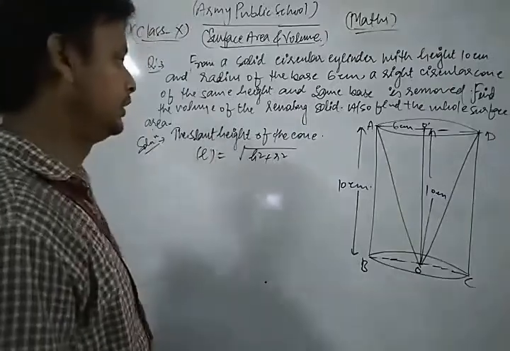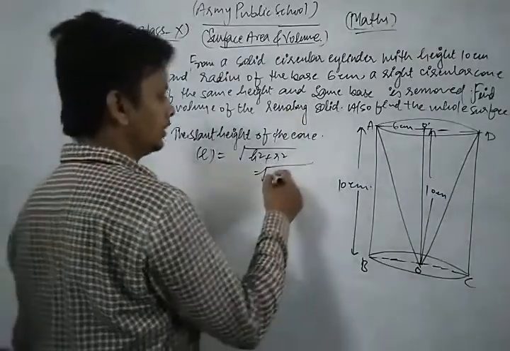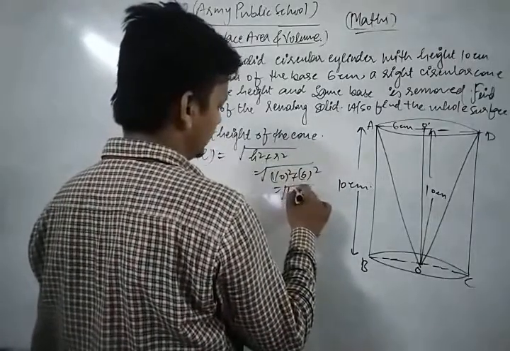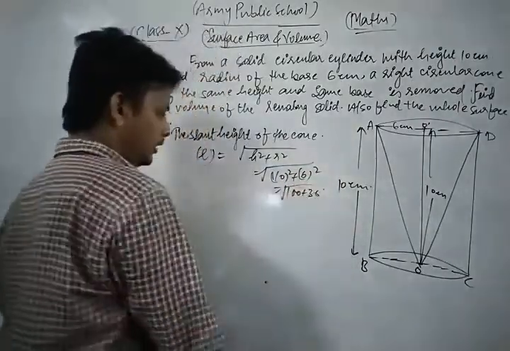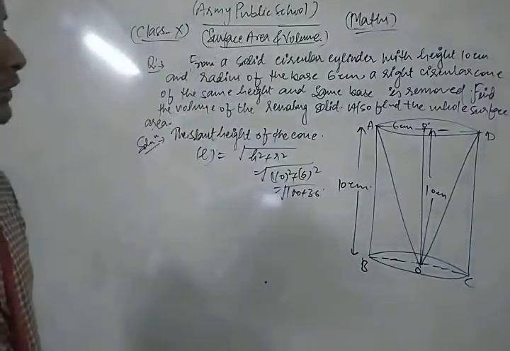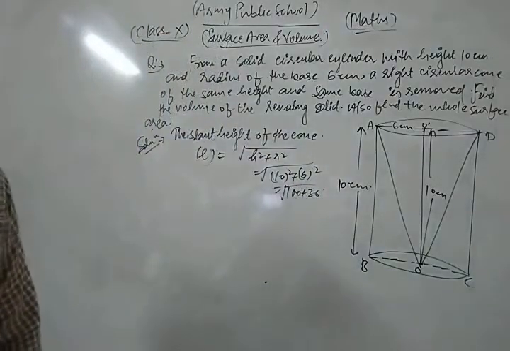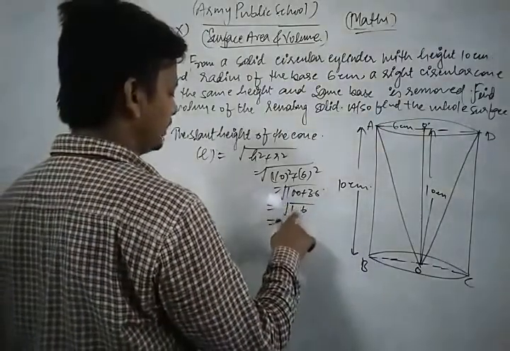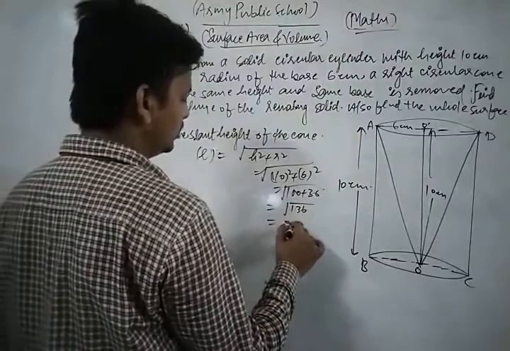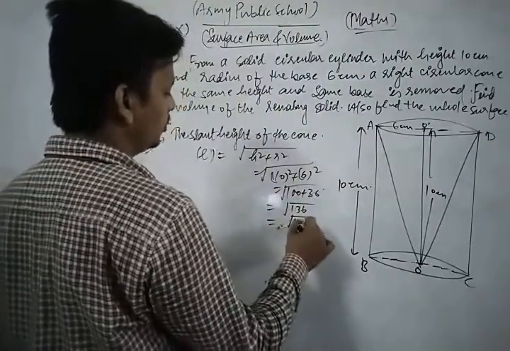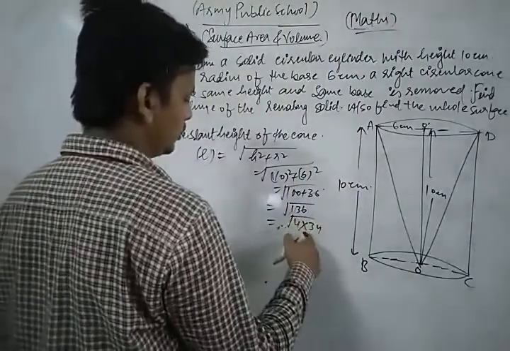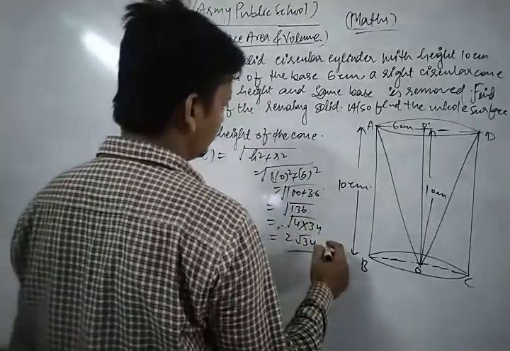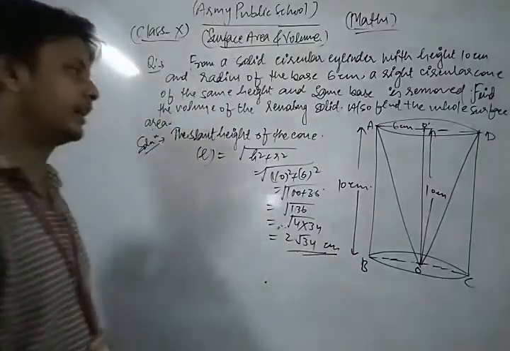Now using this formula, we find h square plus r square, 10 square plus 6 square, 100 plus 36, which is 136. Now we factorize and get 4 into 34. Now we take 2 out as common, so 2 under root 34 centimeter is the slant height of the cone.